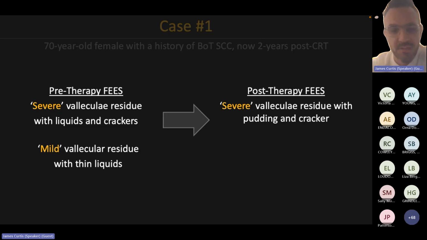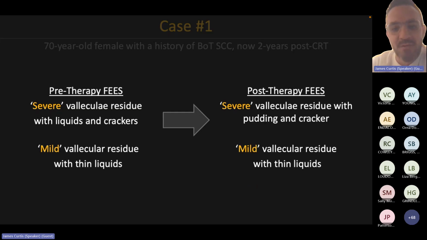Post-therapy, after the 3 months of therapy, she has severe molecular residue with pudding and cracker, and a mild amount of molecular residue with thin liquids. So this is the FEES you've done after a course of therapy: severe residue to severe residue, mild residue to mild residue.